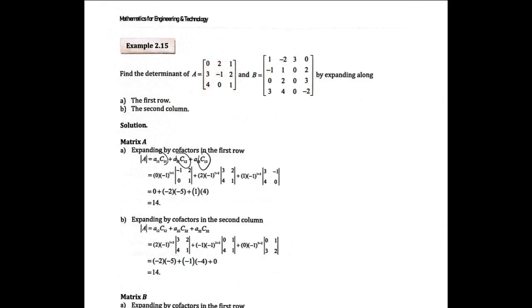And then for 1 2, we have 3 2 4 1 as its minor, and then for 1 3, this is its minor. So you just calculate the minor and then multiply it with -1 to the power of i plus j. That will give you the C for each element, the cofactor of each element.